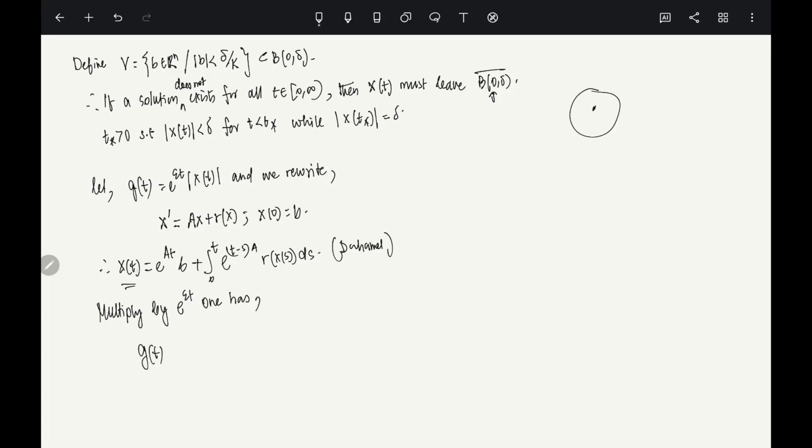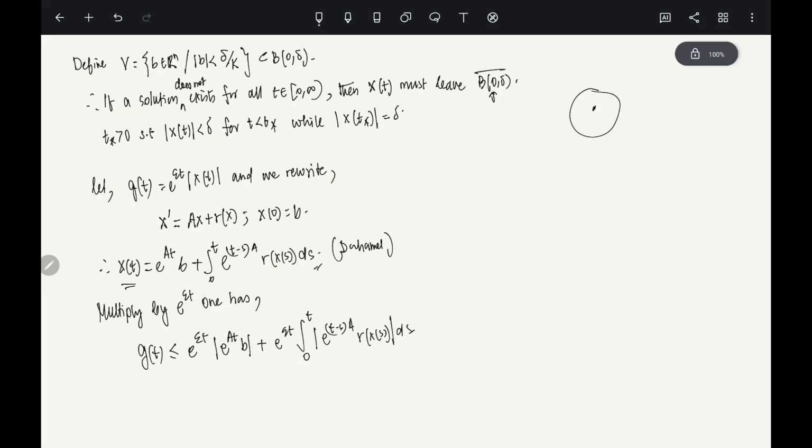You see, multiply and take the modulus, the norm exactly: e power epsilon t, and then the norm of e power At times b, plus e power epsilon t times the integral from 0 to t of the norm of e power (t minus s)A times r of x of s ds. That's what we are going to get, right? I am just multiplying this expression by e power epsilon t and taking the modulus, or the norm.